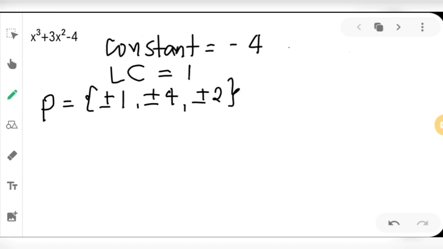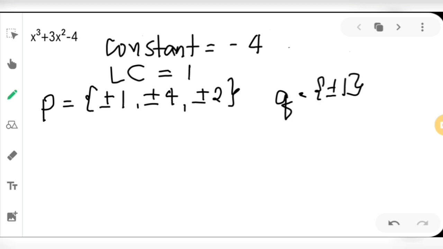Now the factors of our leading coefficient are positive negative 1. After that, we are going to divide each factor of the constant by each factor of the leading coefficient.